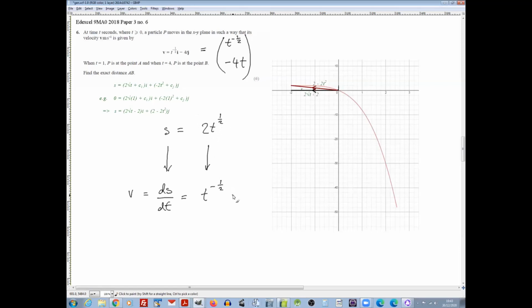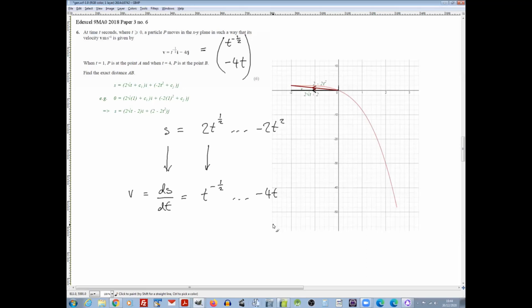Whereas if I do minus 4t in the same way, minus 4t would have come from minus 2t squared.